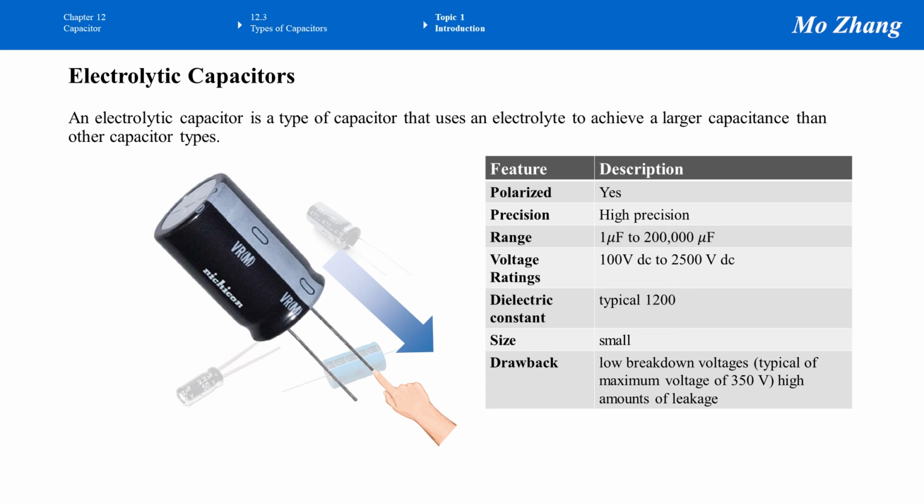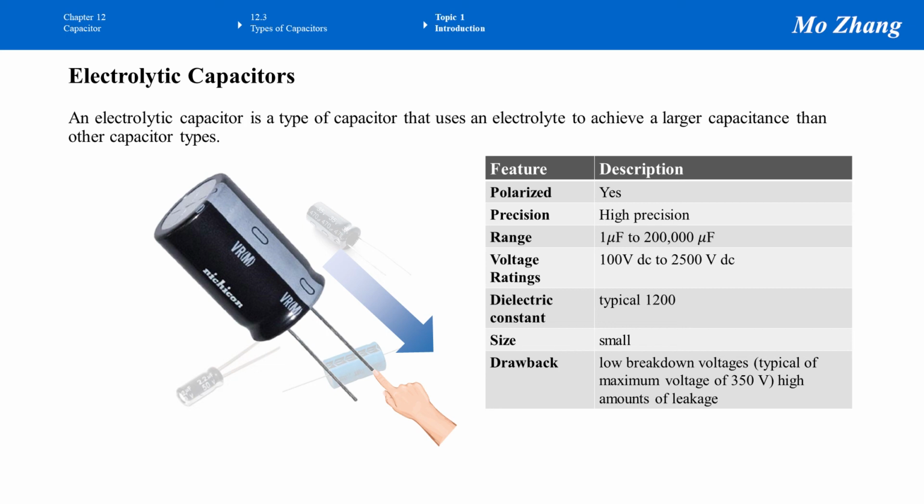So let's look at this table. It has polarity. Precision normally is very high for electrolytic capacitors. The range of this type of capacitor is usually from 1 microfarad to 200,000 microfarad. It can work in the voltage range from 100 volt DC to 2500 volt DC.